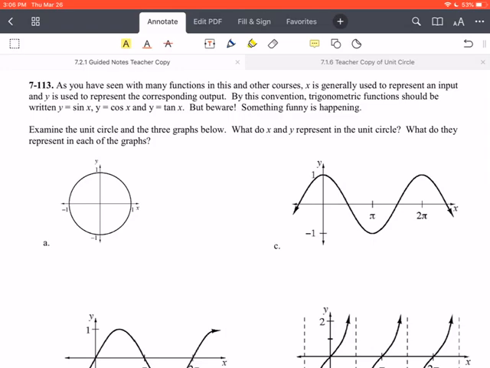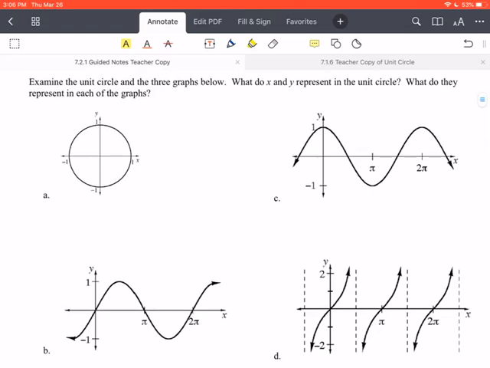But beware, something funny is happening. So we are going to look at graphs A, B, C, and D, and think about what the x and the y really represent on each of these graphs. So if we look at letter A, letter A is really the unit circle.